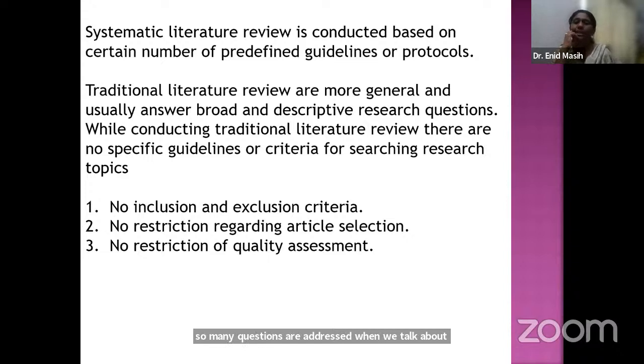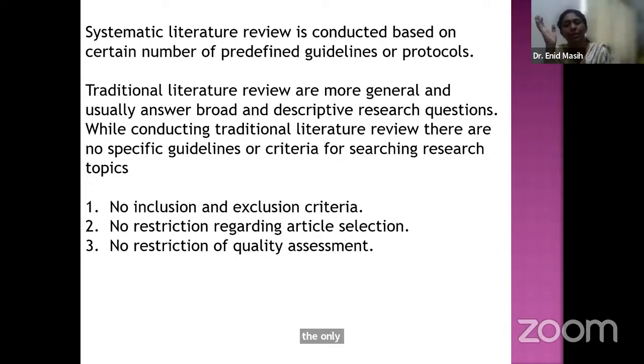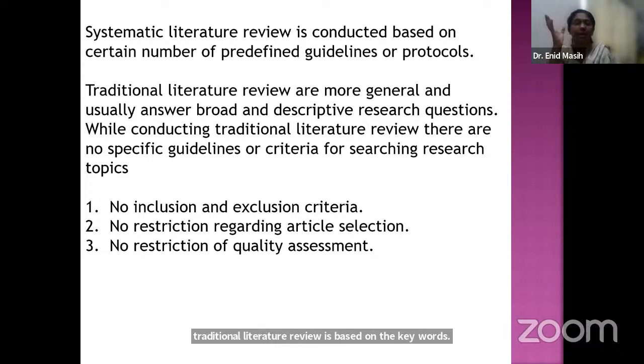While conducting a traditional literature review, there is no specific guideline or criteria for searching a research topic. The only criteria is based on the keywords. What are the keywords in my topic? What are the keywords in my objective?